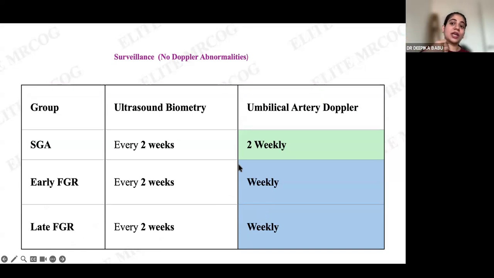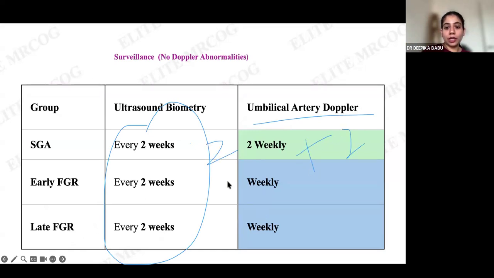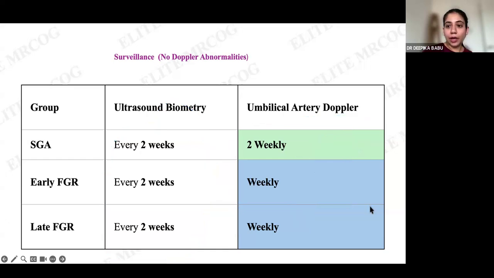These 3 variations can come, and it's very, very simple. So always ultrasound biometry is every 2 weeks, which is fortnightly. Only the umbilical artery Doppler changes. So it is always 2 + 2 here, and otherwise, in other cases, in both early or late onset, it is 2 + 1. Clear, everyone, up till now?